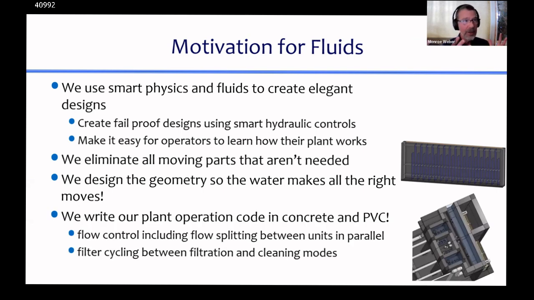And then essentially we turn our computer code into concrete and PVC, or rather our implementation partners help with that process. And the operation of the facility is then controlled by how the plant is actually built and how the plastic components are put inside the concrete tanks.